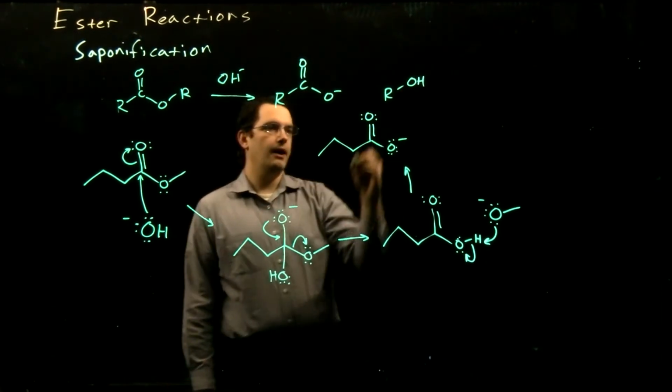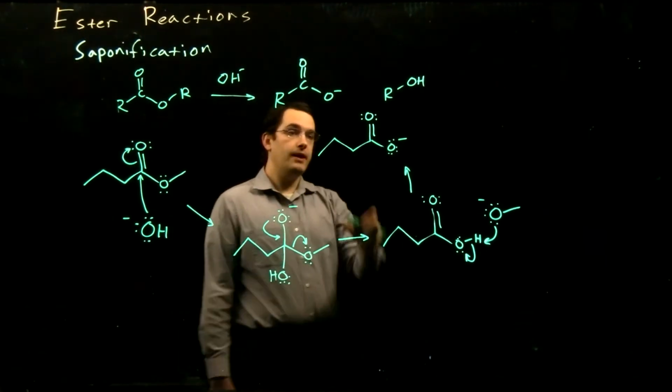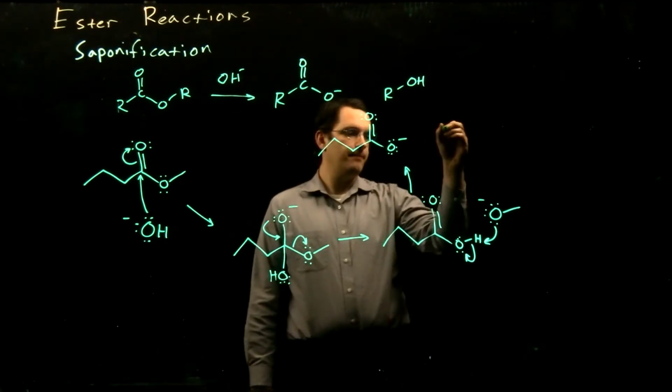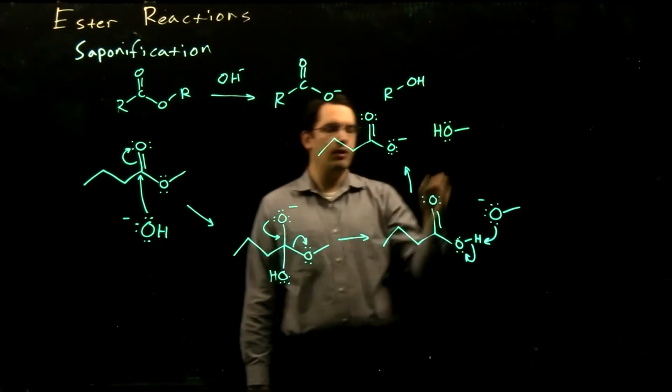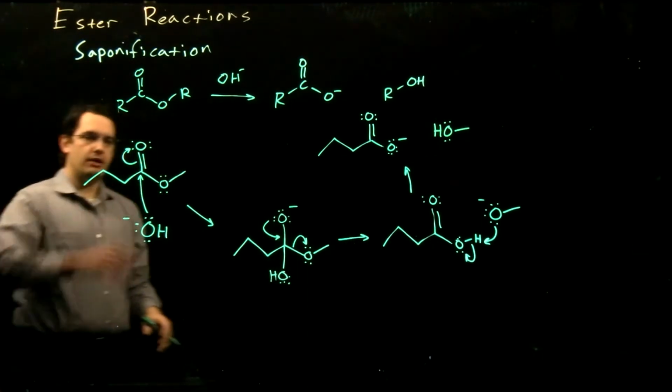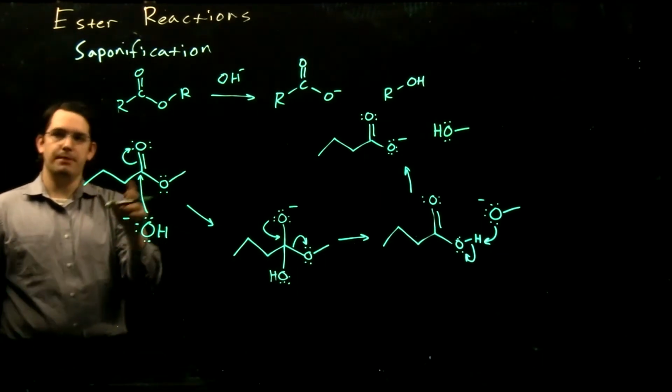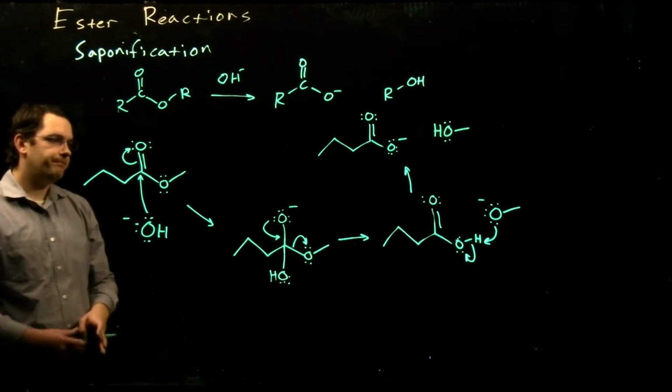So in this case we have our butanoate as our carboxylate here, and we have our methanol as our alcohol that formed from our initial methyl butanoate ester.